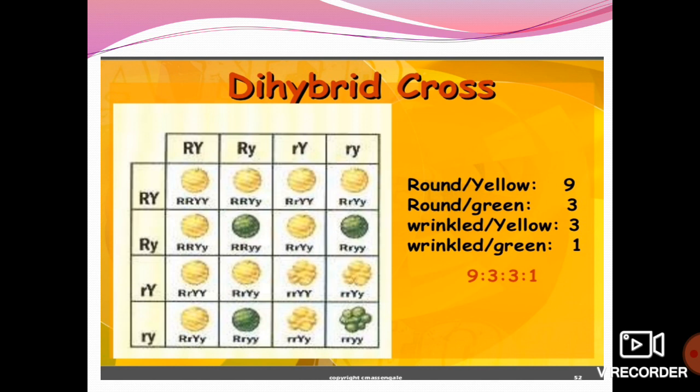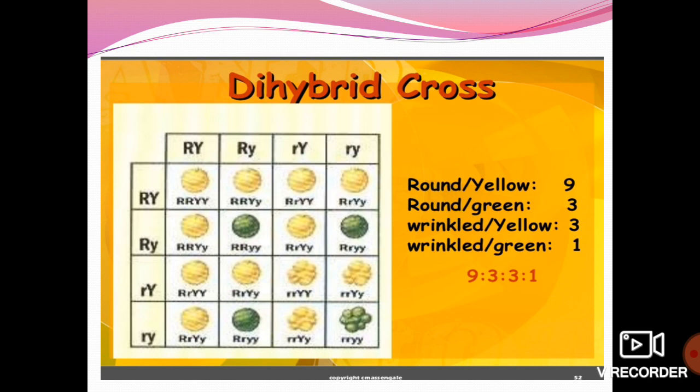You can see the round yellow in the upper and the left margin, shown by yellow round structures. The last right hand lower corner is that of the other parental type, which is green wrinkled. Now what about the other 6? 3 are green round and 3 are yellow wrinkled.